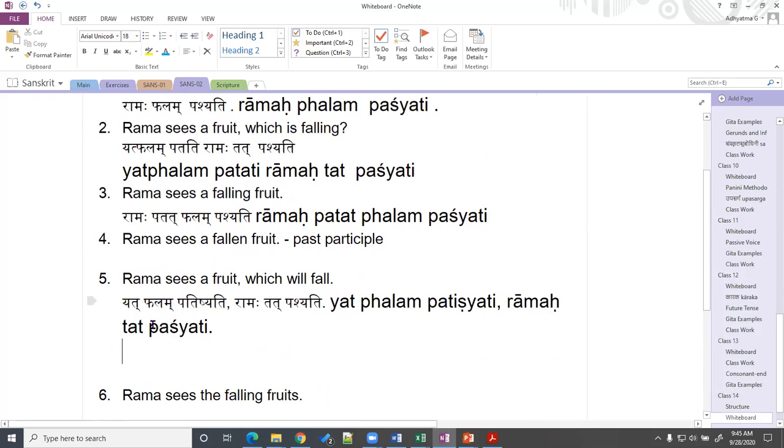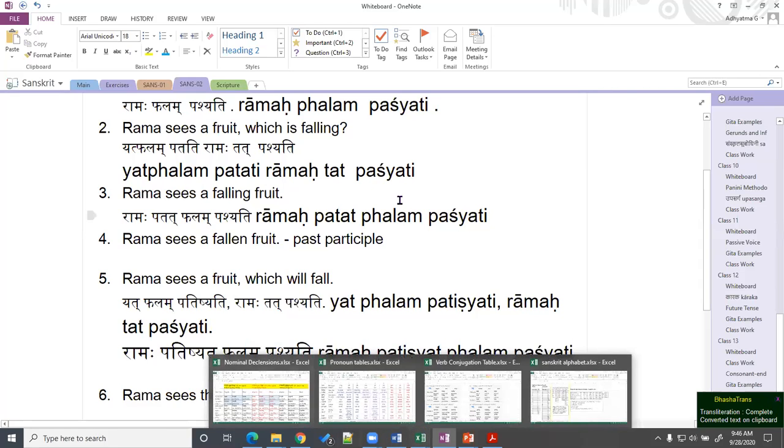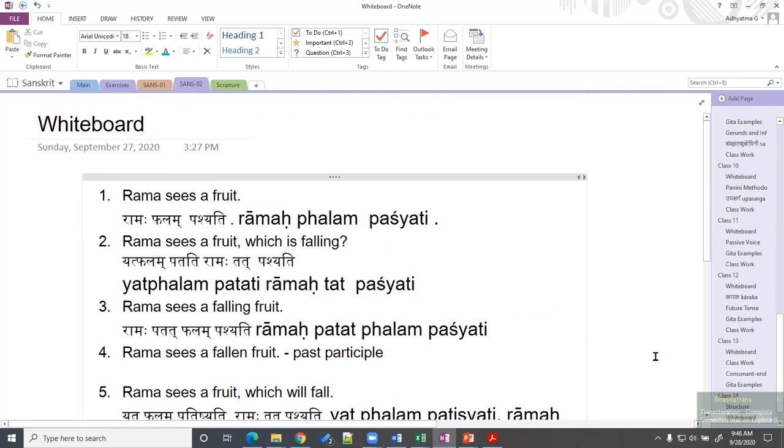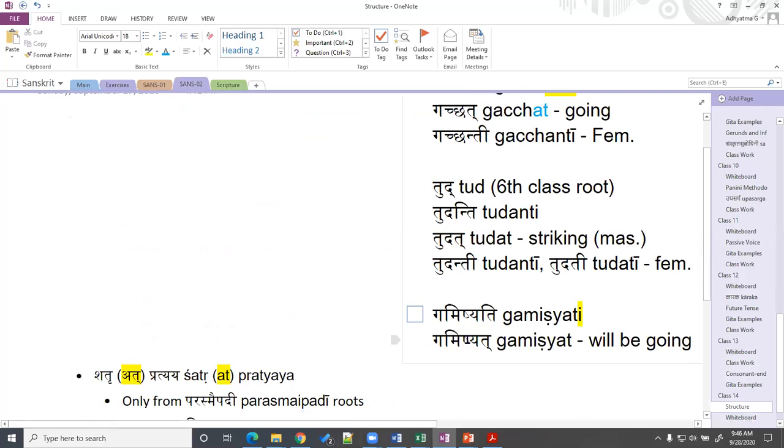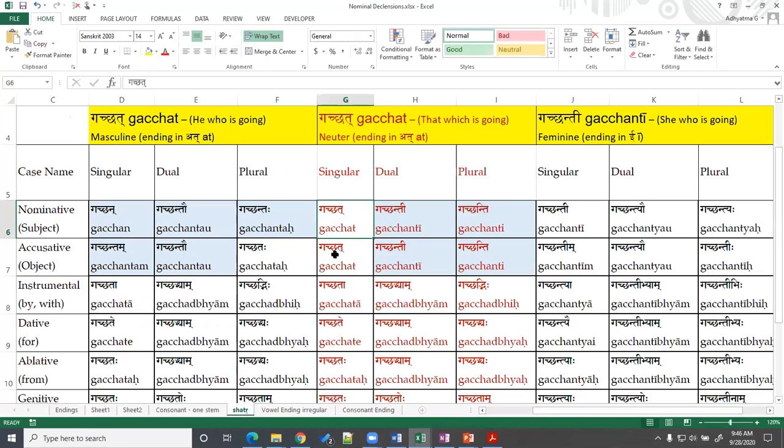So I will say: Ramaha patishyat phalam pashyati. So you see the base word would be patishyat here, just like gamishyat. So it will be patishyat, and in the neuter patishyat. That's how it will go.